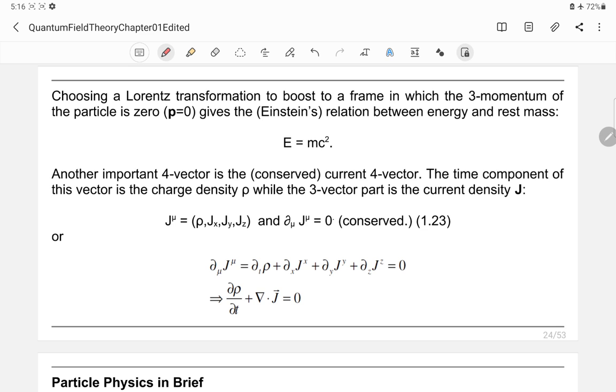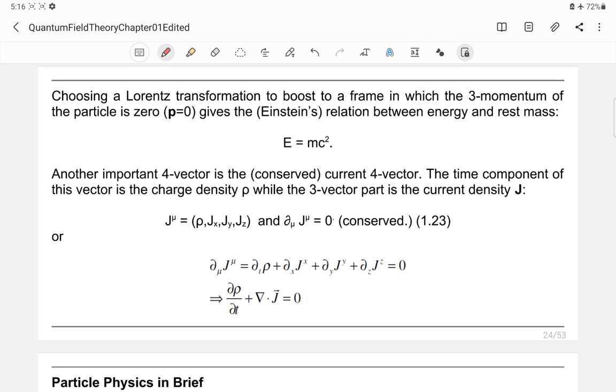Choosing a Lorentz transformation to boost to a frame in which the momentum of a particle is zero gives the famous relation of Einstein, E equals mc squared, the rest energy of the particle.